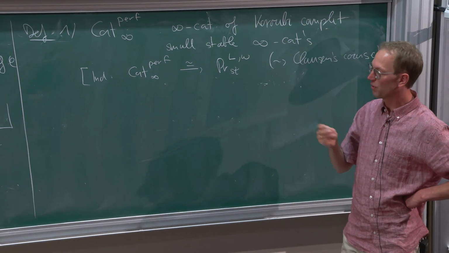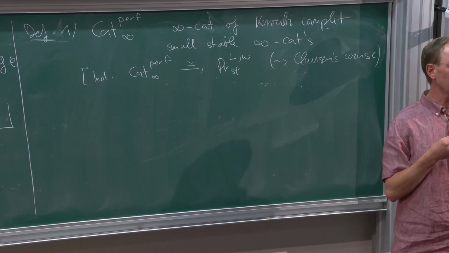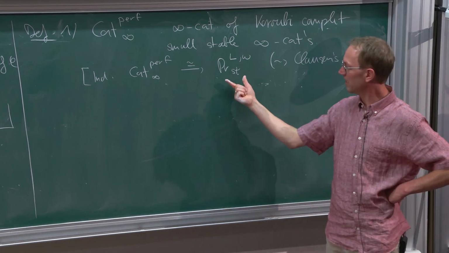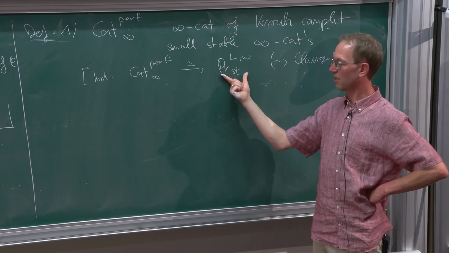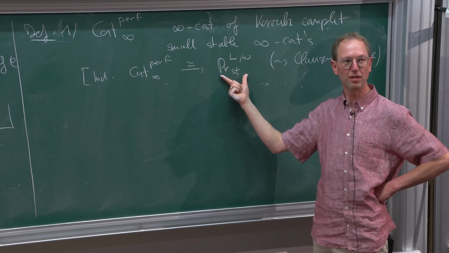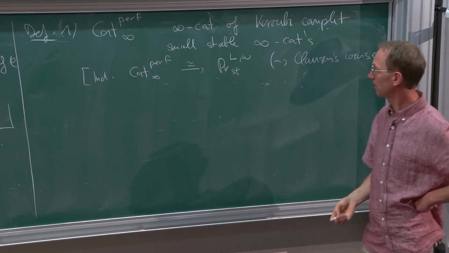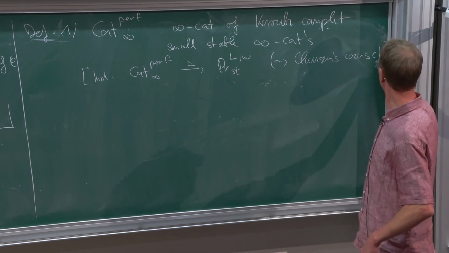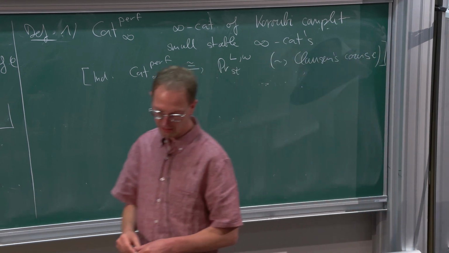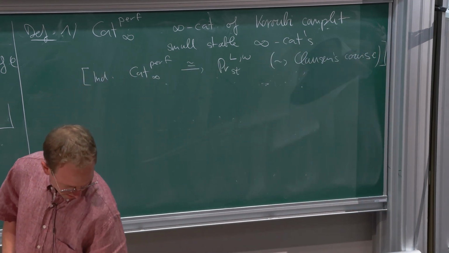And the point of Efimov K-theory that Dustin will talk about is precisely to extend this from these large categories to a bigger class called the dualizable stable infinity categories.